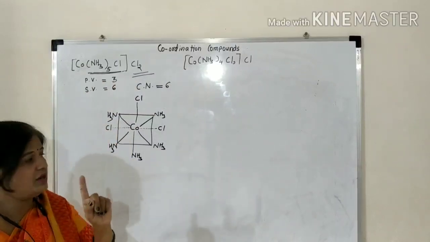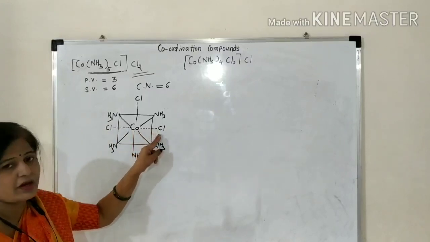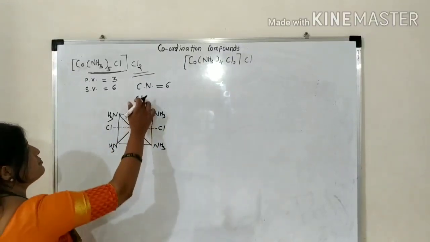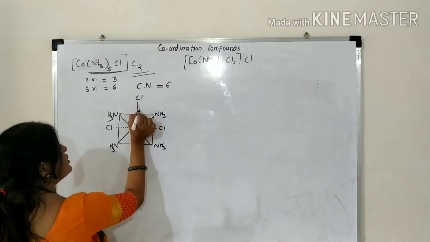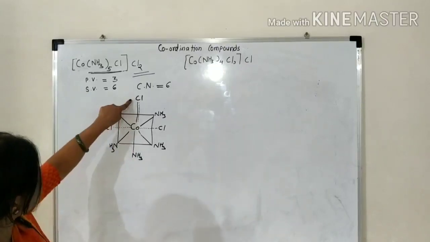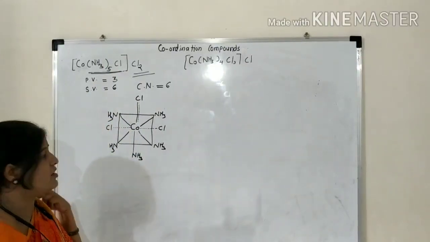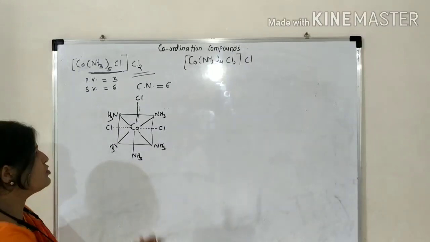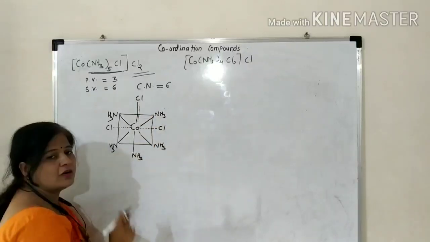One remaining primary valency is also satisfied by this chloride, which is denoted by a dotted line. This means these chloride ions show primary valency as well as secondary valency. Therefore, it is denoted by a dark line and also a dotted line.